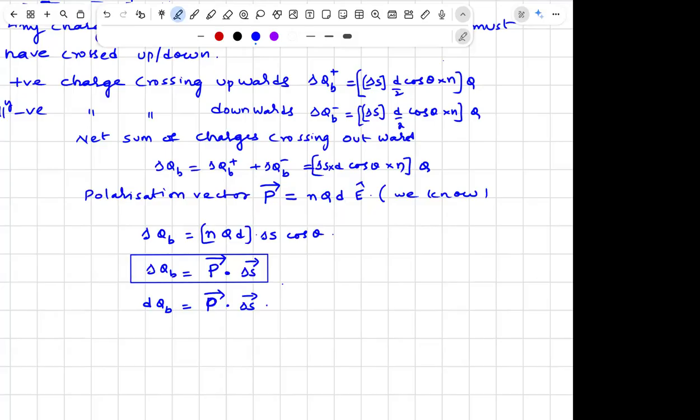I want to find a relationship between polarization and the bound charge, like in Gauss law, integral E bar dot ds bar is 1 by epsilon naught times charge. Any doubt on this? Now I am going to apply this. This is a very important thing that we have done right now.